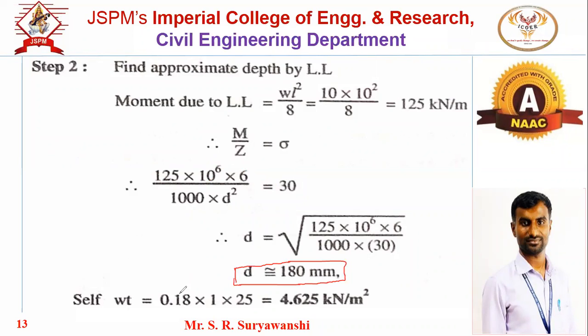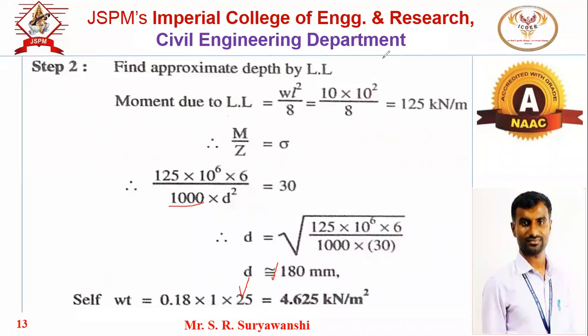Now they have given the self weight also, and we can find out the self weight. So self weight is 4.625. How do we find the self weight? Consider the volume into the unit weight. For the volume, this is the depth, and again we are considering the width as unit 1, that is 1 meter, and this is the unit weight of that slab. So that's why it is 4.625 kilonewton per meter.